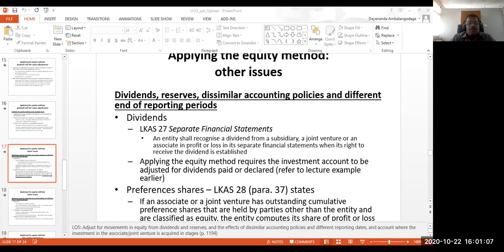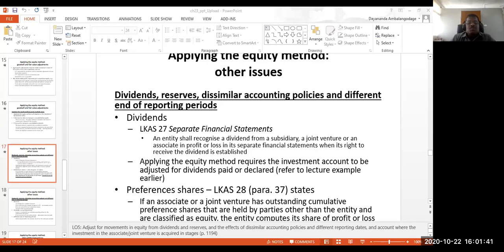So step 3, of course, the investment in associate and joint venture, share of other comprehensive income of associate or joint venture, 1,200 to 1,001. How do you get it? There is a revaluation surplus in other comprehensive income, 4,000, being reported here. The asset valuation here is 5,000. From 5,000 you take 25%.